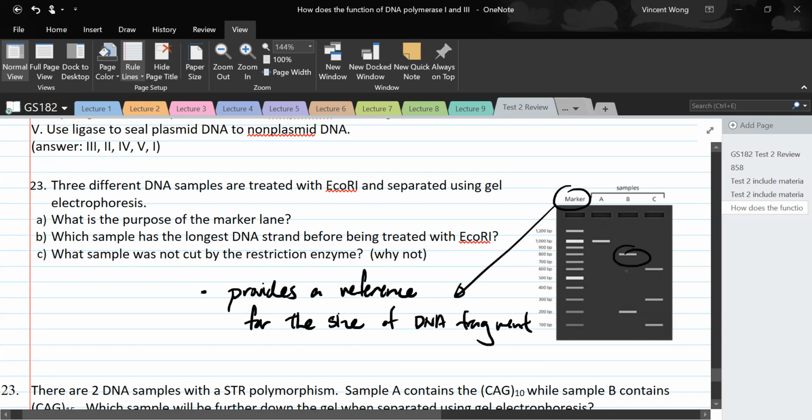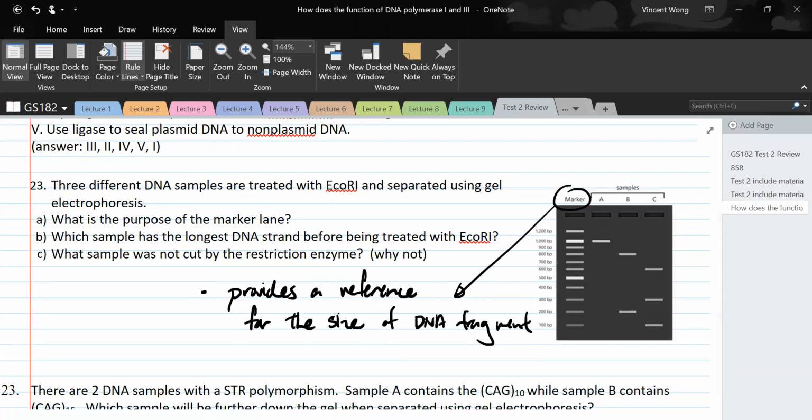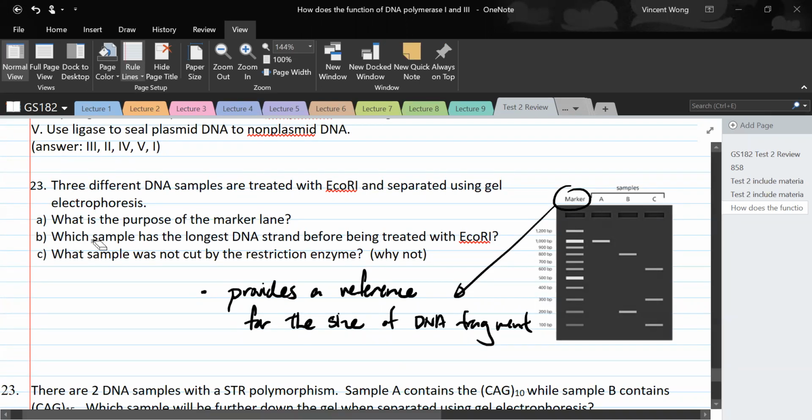If you just see this band, how do I know how long it is? But if you compare it with the ladder, the markers, you'd be like, oh, it's about 800 base pairs long. So this provides a reference. These are DNA fragments of known length, so you know how long they are to begin with.